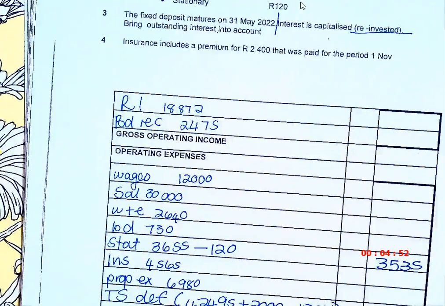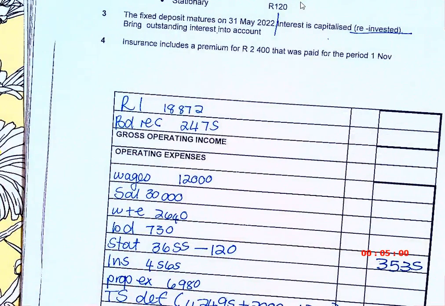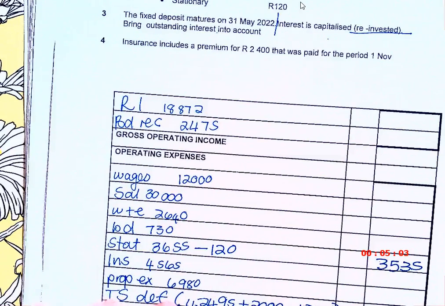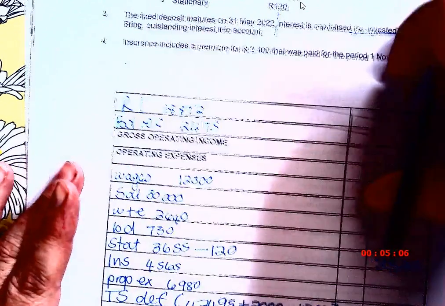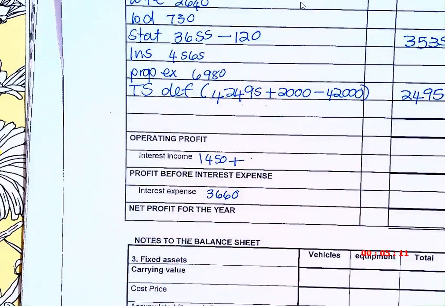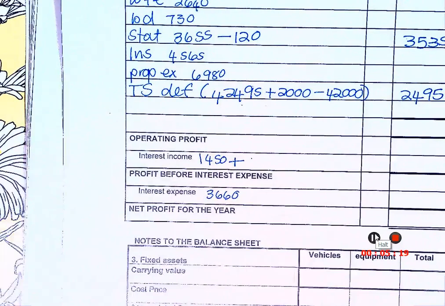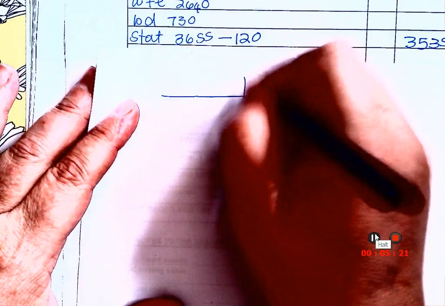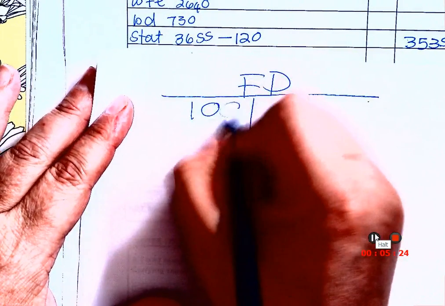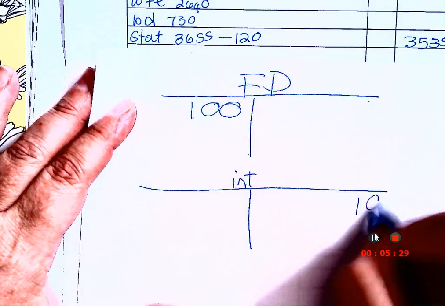So now let's go look. They tell me my interest on fixed deposit at this stage is 1,450. So already I got 1,450 in my fixed deposit. Basically, let's say my fixed deposit is 100 Rand and my interest is 10 Rand.